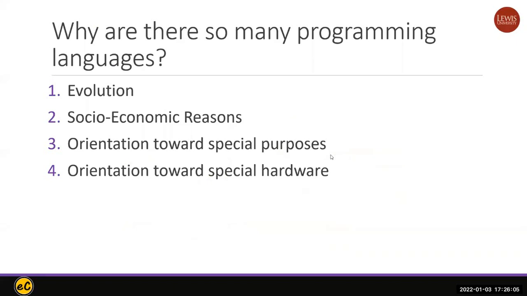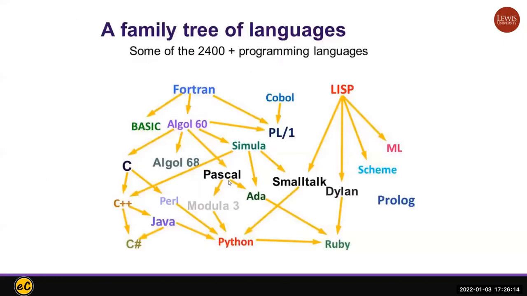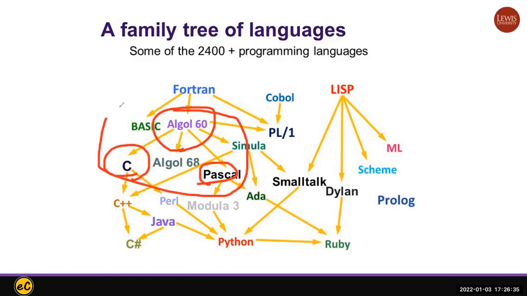And why are there so many programming languages? Basically, there are some reasons, starting with evolution. We can see that languages come from unstructured, or sequential, programming languages. Then we moved into structured programming, and we have Algol 60, Pascal, and the C language. These are typical structured programming languages.